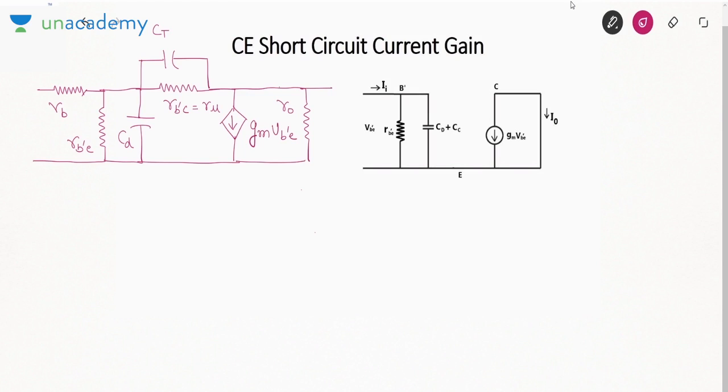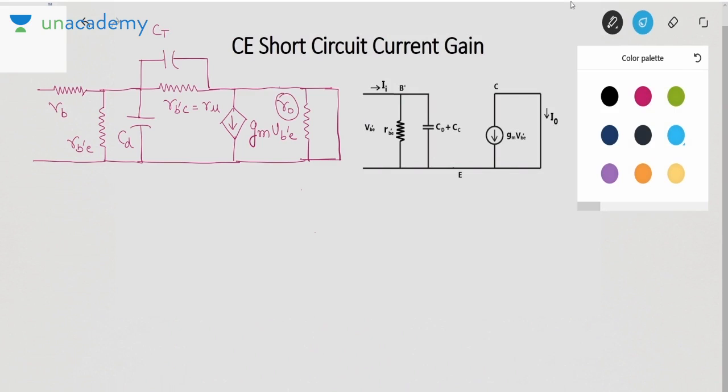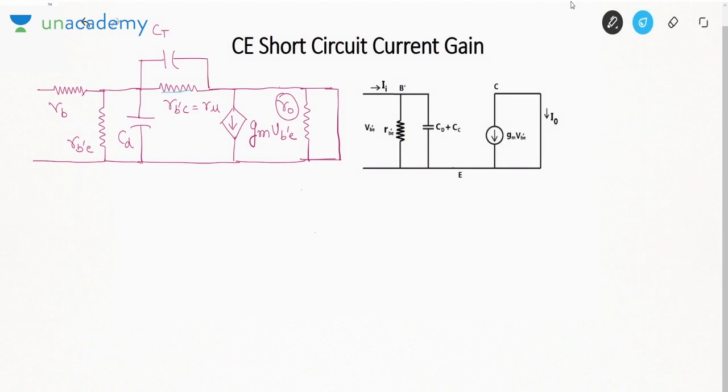And now what I have done is I have short circuited the output. Once we have short circuited the output, this R0 is useless. Also, this R mu comes in parallel with RB dash E. Similarly, this CT comes in parallel with CD.